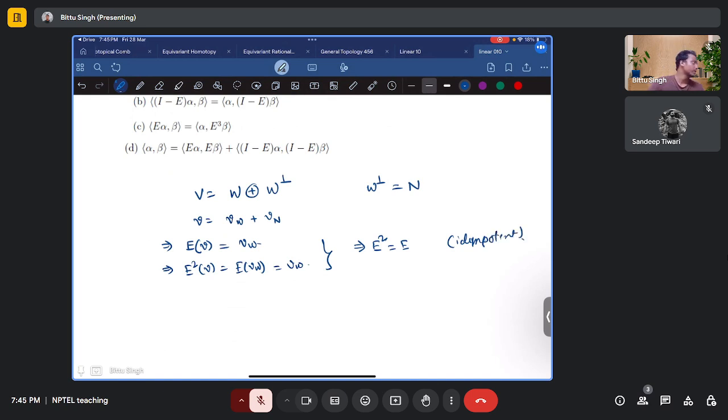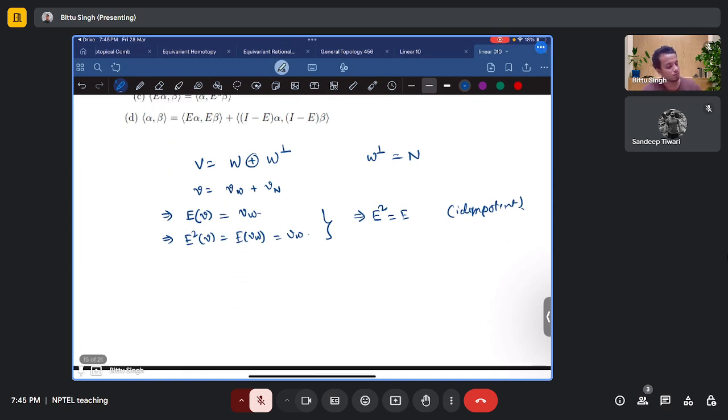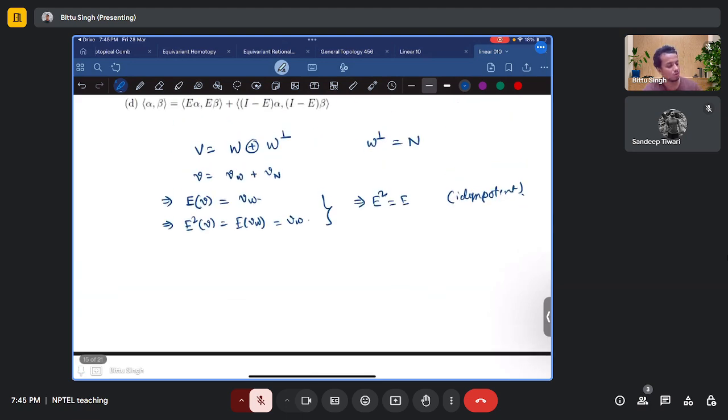Now, another important property: E should be self-adjoint. Sorry, self-adjoint. How can we show that?